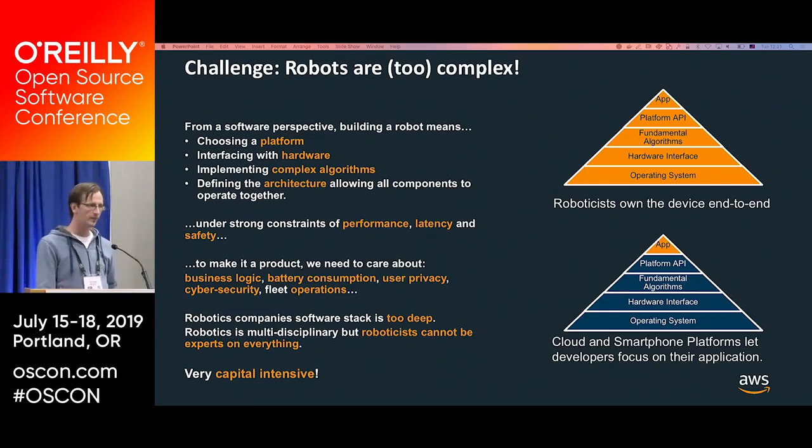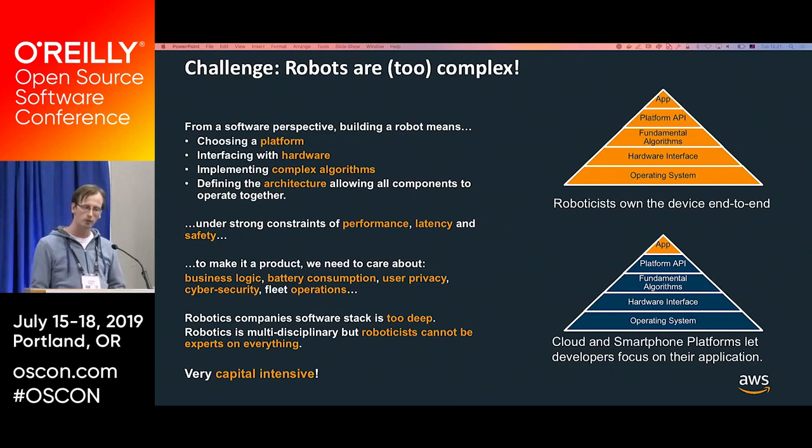And on top of that, that gives you a platform, but you're not really having a product yet. If you want to have a product, then you need to add on top of that the business logic. What is a useful task that the robot will do on top of, let's say, moving around in a room? You will need to start caring about fleet operation.